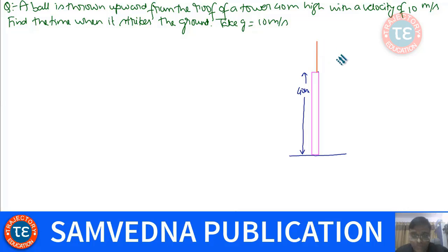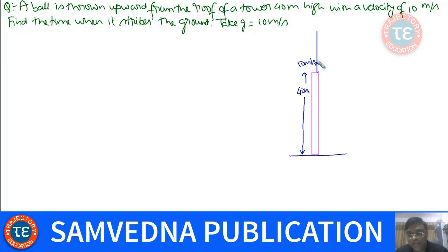So as the ball moves in upward direction, since it is experiencing gravitational force in downward direction, it will get decelerated. The ball will move upward and is thrown with a velocity of 10 meter per second.